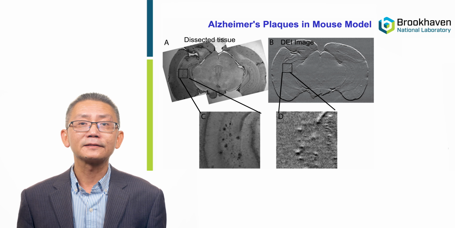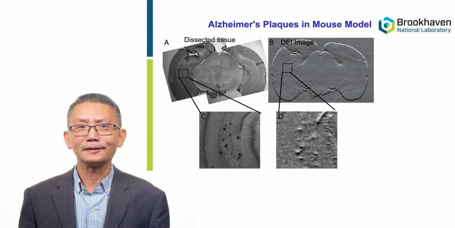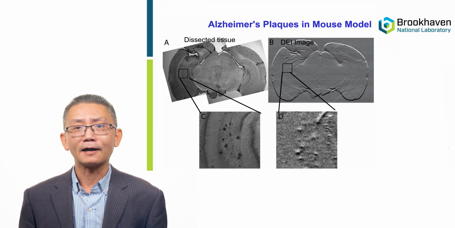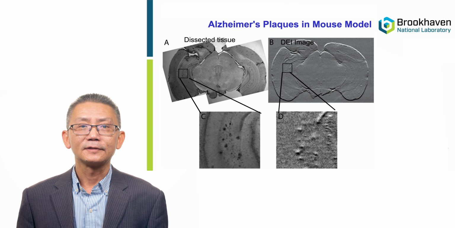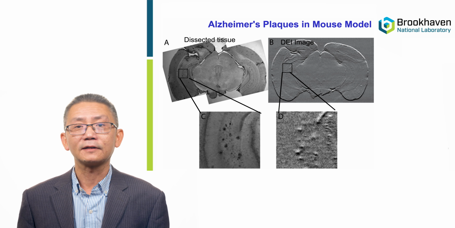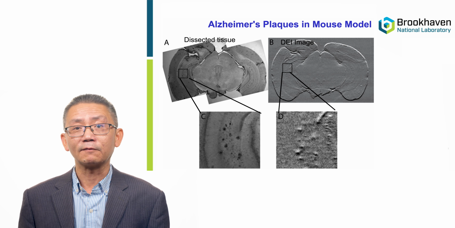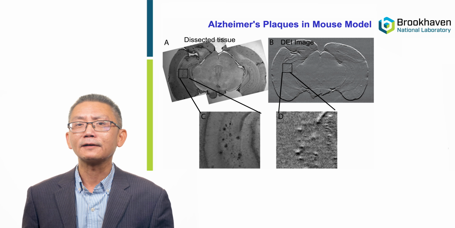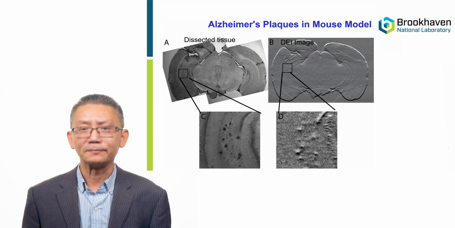On the right-hand side, you see the DEI image. This way it's a CT, so you don't need to cut up the sample. You can actually see what's happening inside the mouse brain. You do see those small plaques. They are about 50 to 100 micron in diameter, and they're soft tissue. They're very, very low contrast. Without DEI, there's no way you can see them with X-rays. With DEI, you actually do see them.